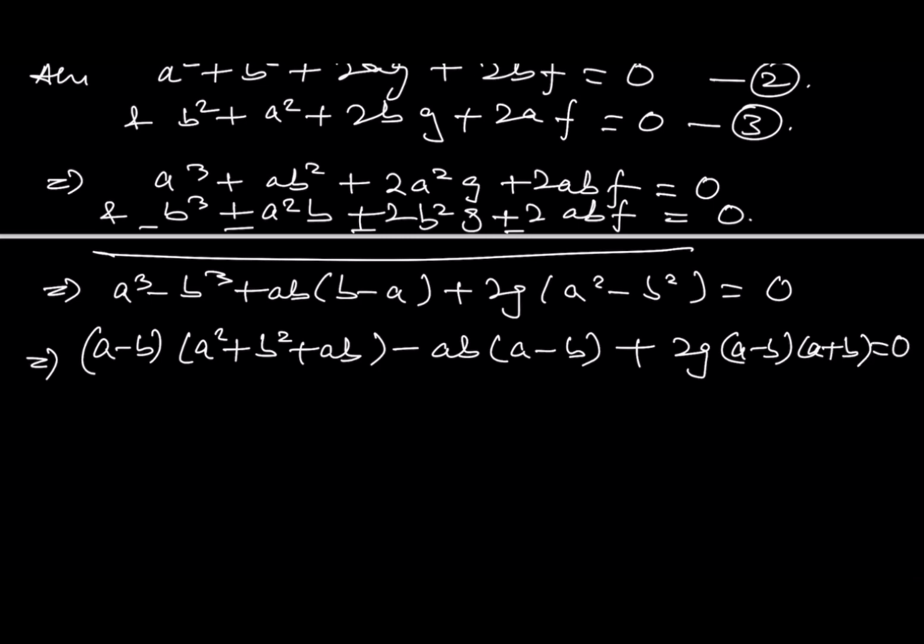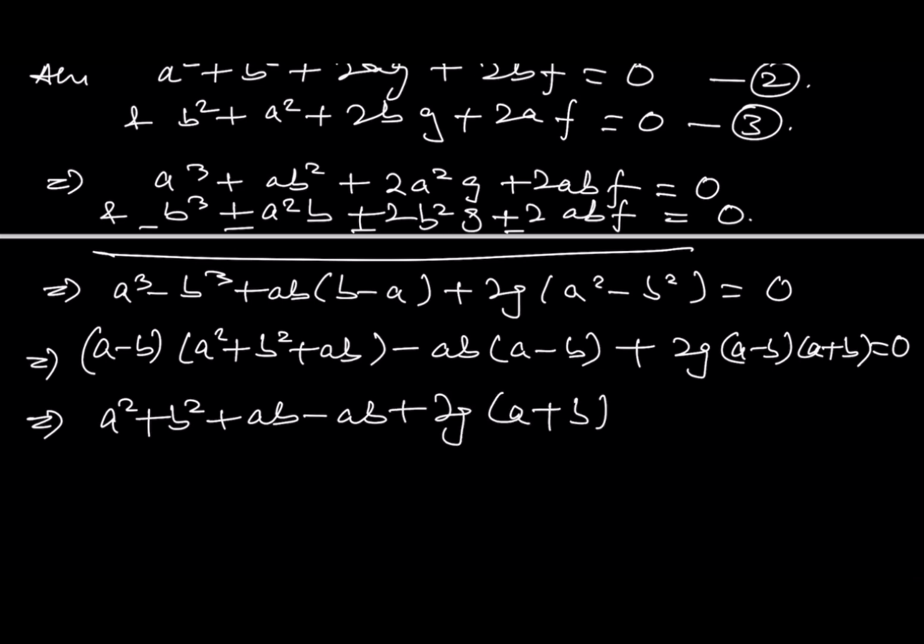Right? Now I am dividing both sides by a minus b, as a minus b can't be 0 because a is not equal to b. So after dividing, it will become a square plus b square plus ab minus ab plus 2g times (a plus b) is equal to 0.